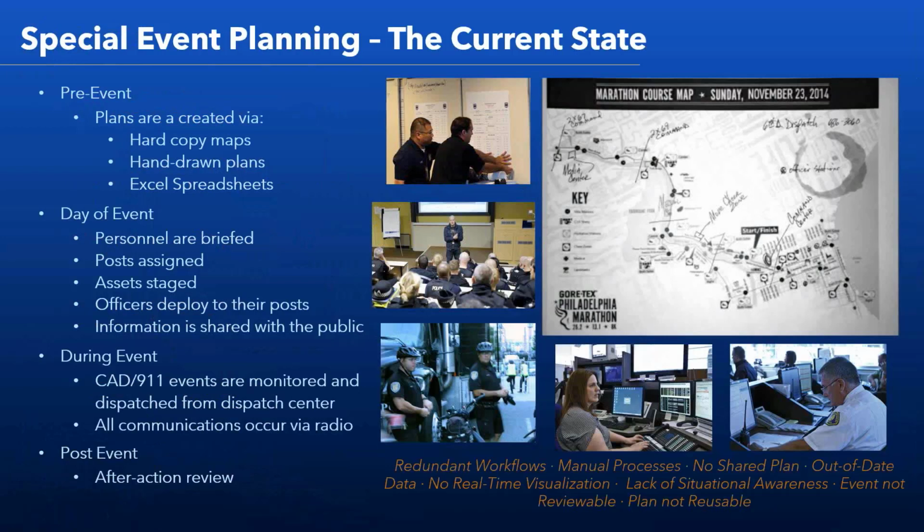And then during the event, the command post monitors radio traffic and dispatch calls for service for possible impact to the event. All communications occur via radio, and if there is a critical event, additional resources are dispatched. Police, fire, and EMS may or may not have a shared command post during events.